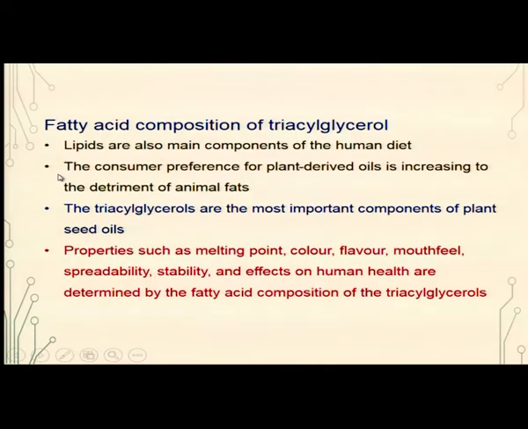The second example where a biotechnological tool has been used to modify crops is modification of the fatty acid composition of triacylglycerol. As you are all aware, lipids are one of the main components of the human diet, and consumer preference for plant-derived oils is increasing as opposed to animal fats.